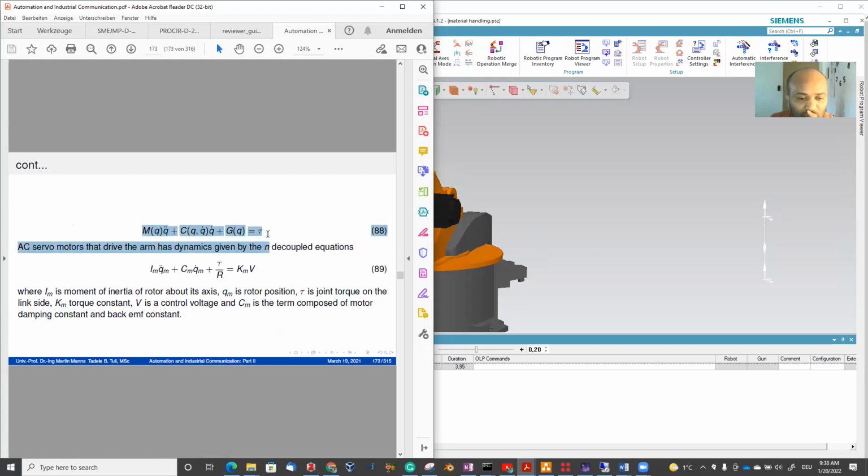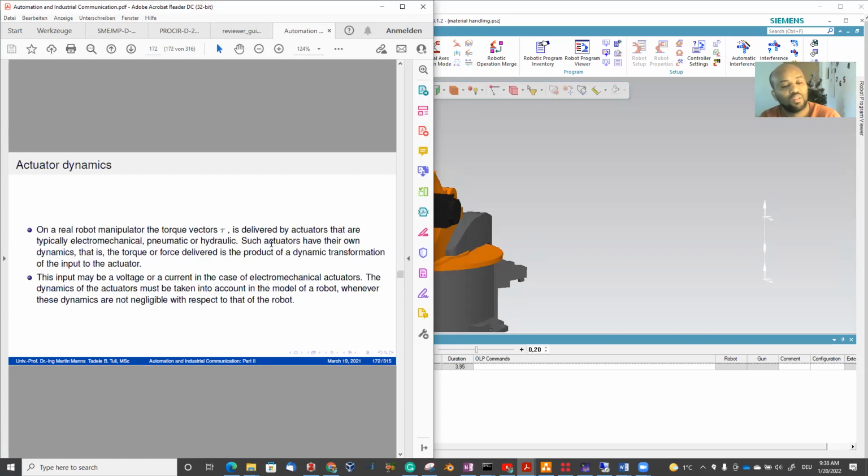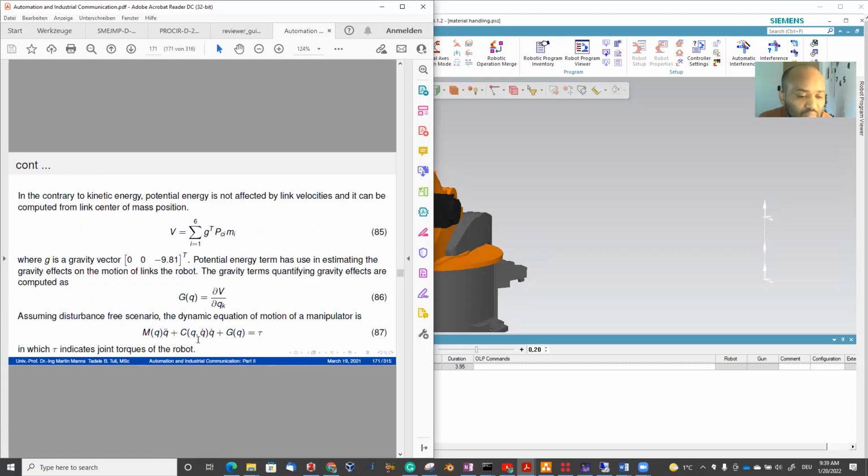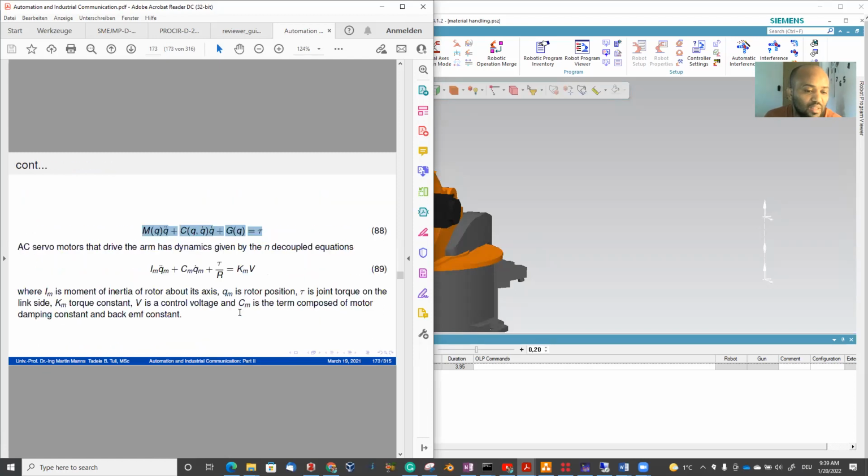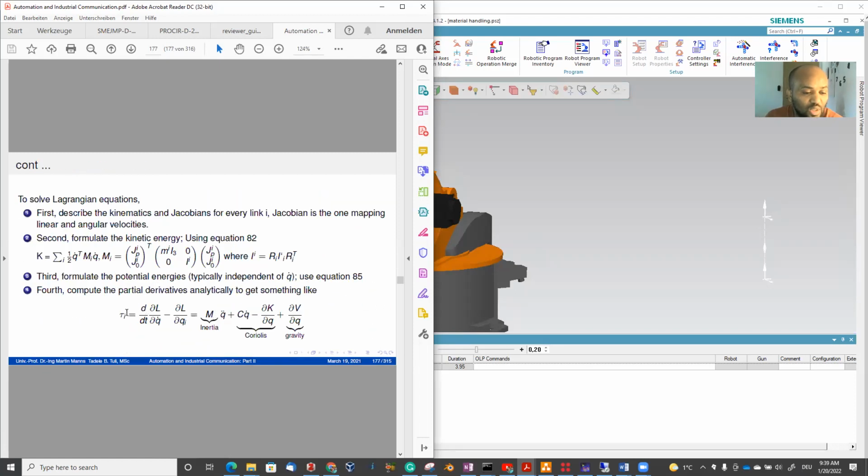This is the generalized equation for Newton-Euler, and this is the generalized equation for Lagrangian.